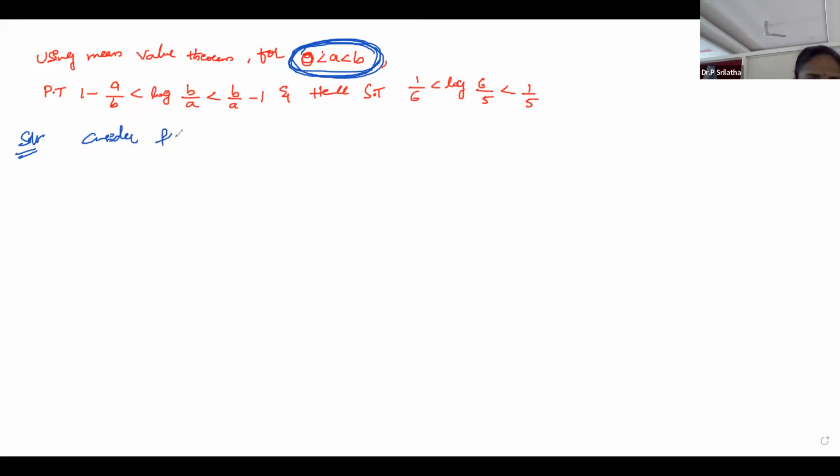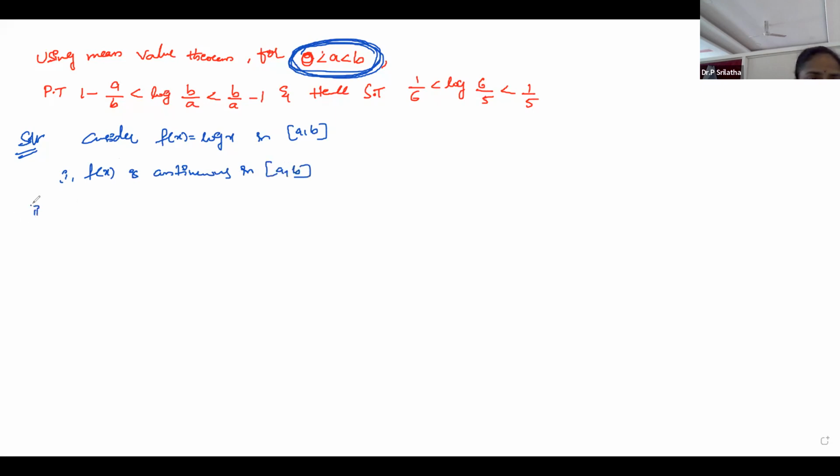So consider f of x equal to log x. Okay. So therefore by Lagrange, in closed interval a comma b, f of x is continuous in closed interval a comma b.